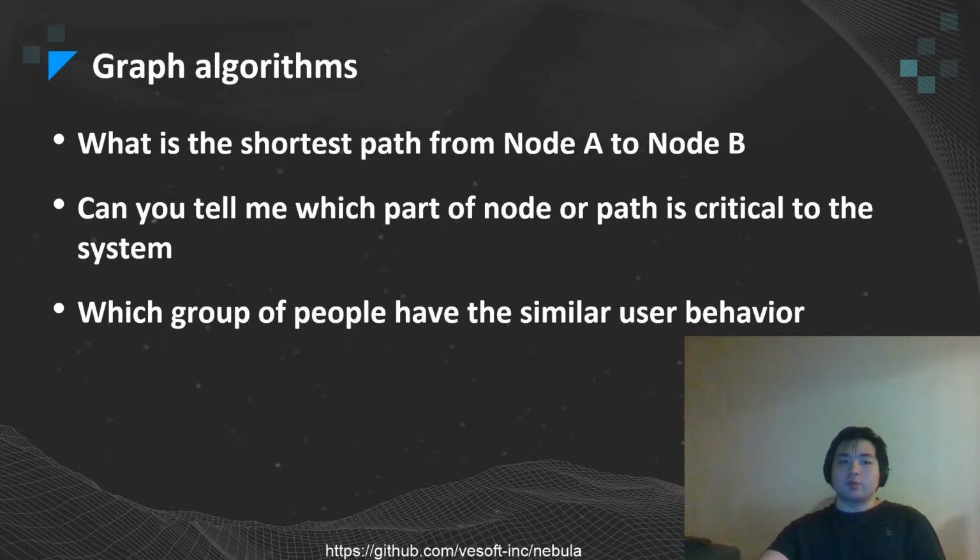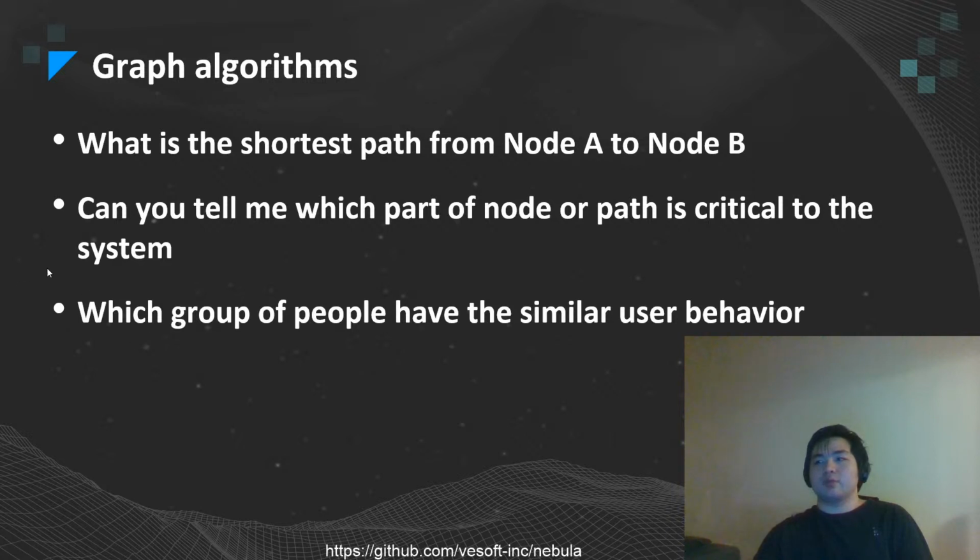Plus, if you want to use graph algorithms on your dataset, you can also seek help from a graph database. For example, in the critical connection problem, you may find the node or the path which is the most fragile to the system, such that once that node or path fails, the whole system will no longer be connected.